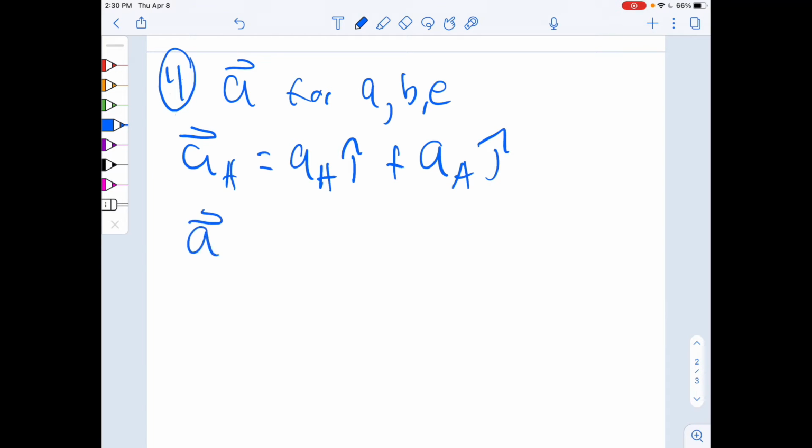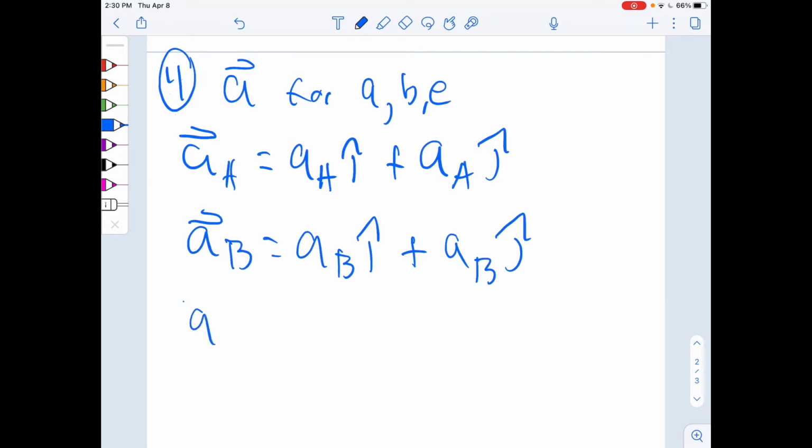For particle B, the acceleration of B is equal to the acceleration of B in the I direction plus the acceleration of B in the J direction. And for particle E, the acceleration of E is equal to negative aE in the J direction.